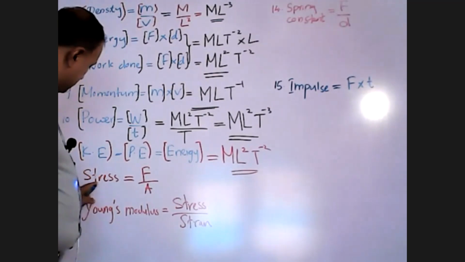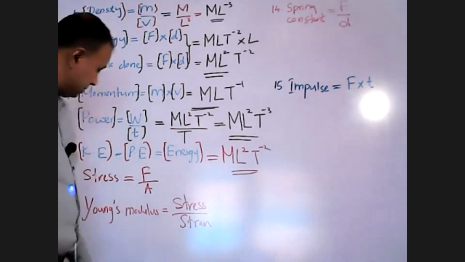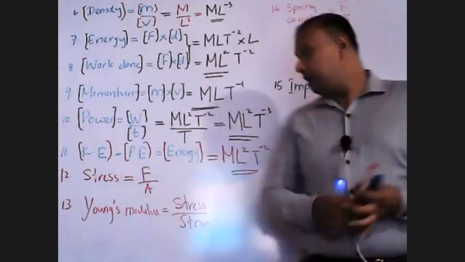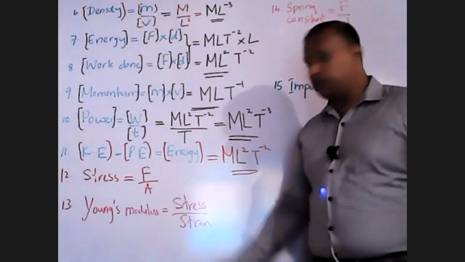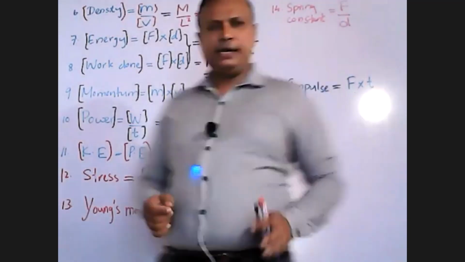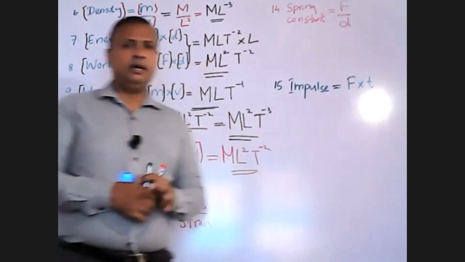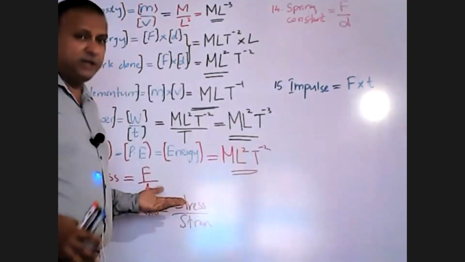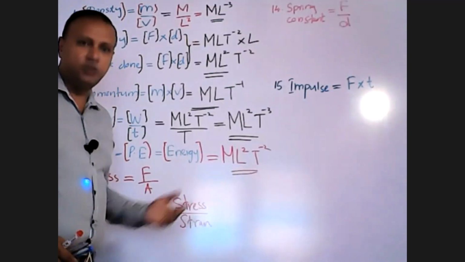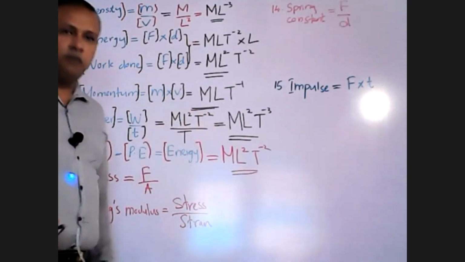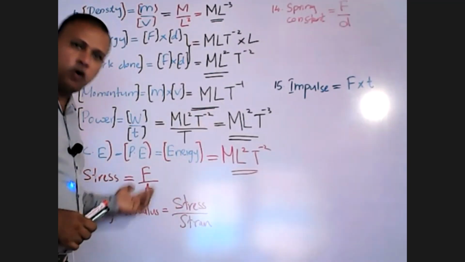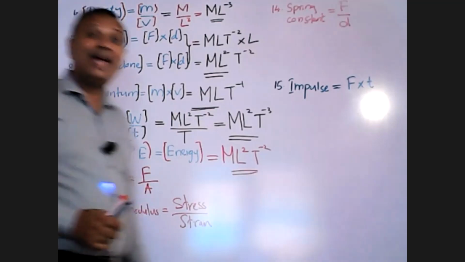Then stress. Stress is equal to force over area. Actually, stress is another physical quantity, but it has the same equation as pressure. You know the equation for pressure. Pressure is equal to F over A, force over area.